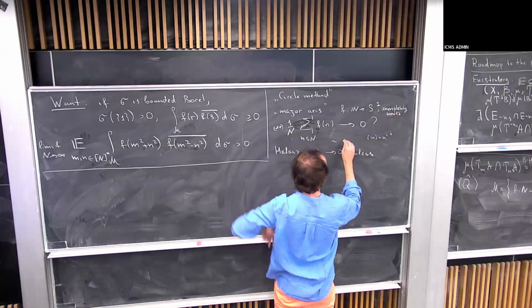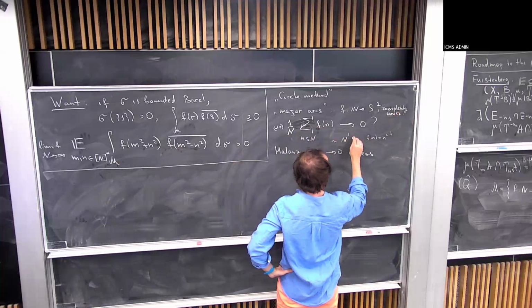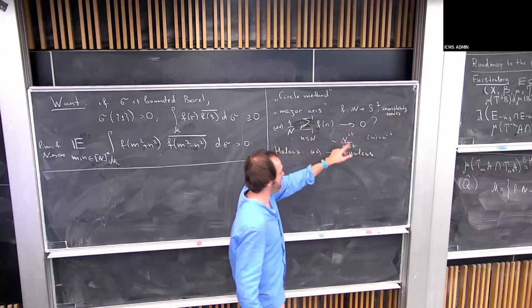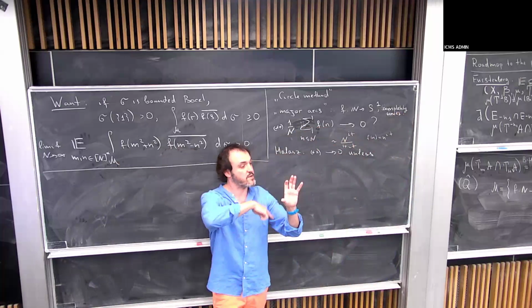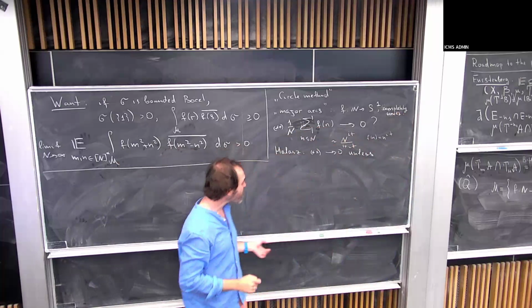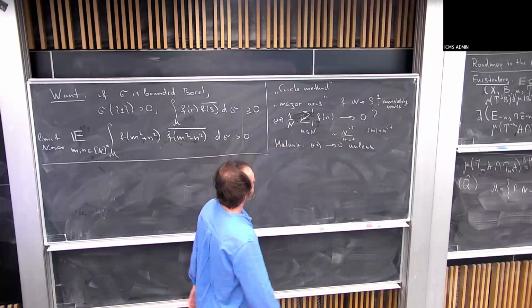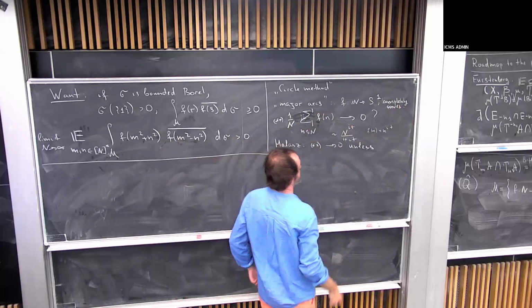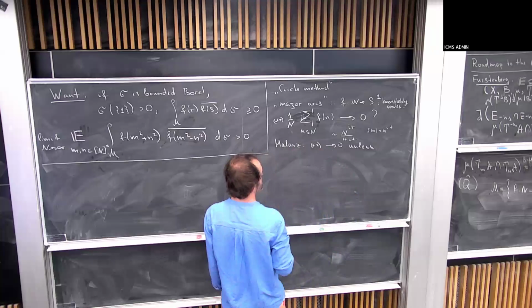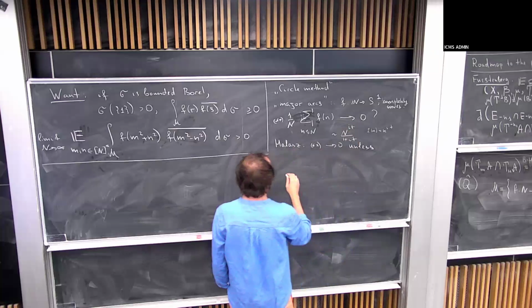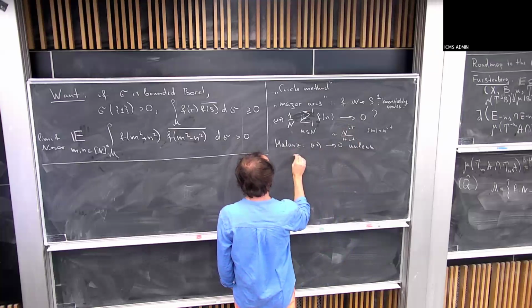There is no limit, but it's roughly equal to n to the it over 1 plus it. So it keeps rotating around the circle. Of course, if my function f is close to this, then you might also get mean values that are not zero. So Halász told us that these averages go to zero unless f is close to n to the it in a very precise sense.